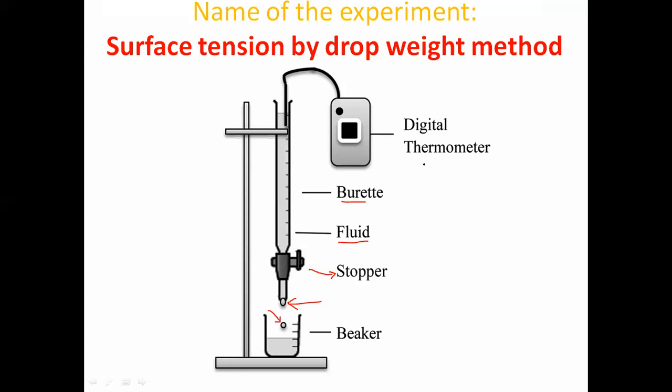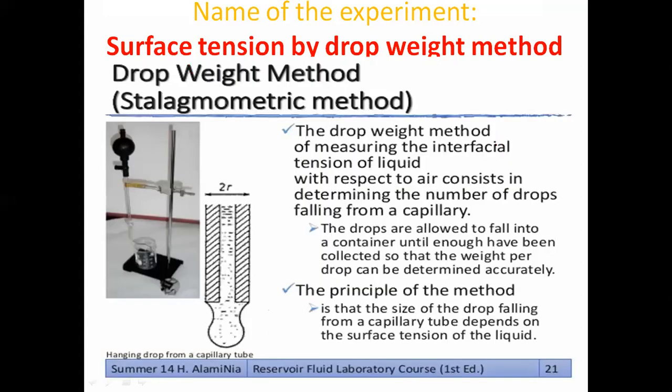So this is the digital thermometer. Actually, we are not using this digital thermometer, but in this arrangement it is shown. Basically, this is used to determine the temperature of the liquid. So in this drop weight method, the stalagmometric method, the drop weight method of measuring the interfacial tension of the liquid, interfacial tension of the liquid means surface tension, with respect to air, consists in determining the number of drops falling from a capillary.